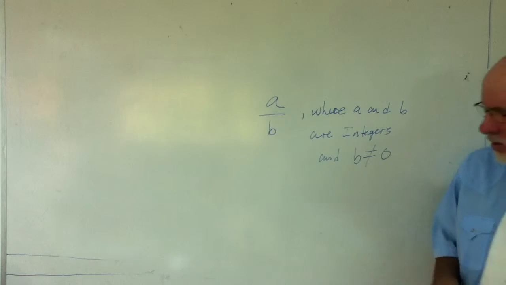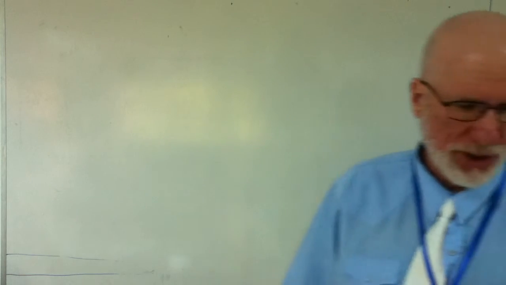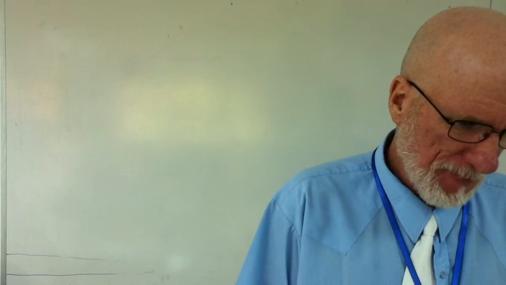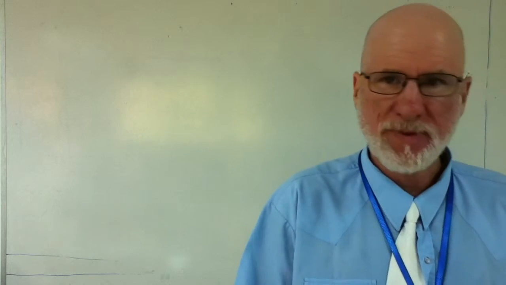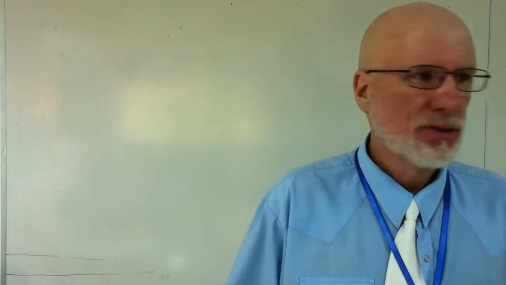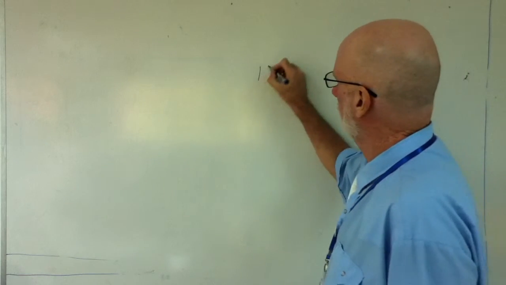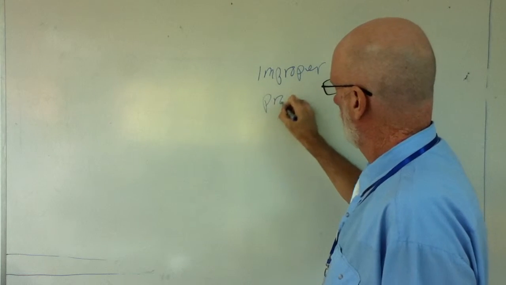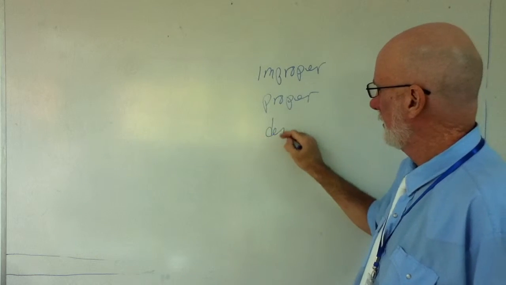Okay? So when we're doing fractions, what are some of the things that we want to do? Throw some vocabulary out at me. Improper fractions. Proper fractions. Denominator, I like that.